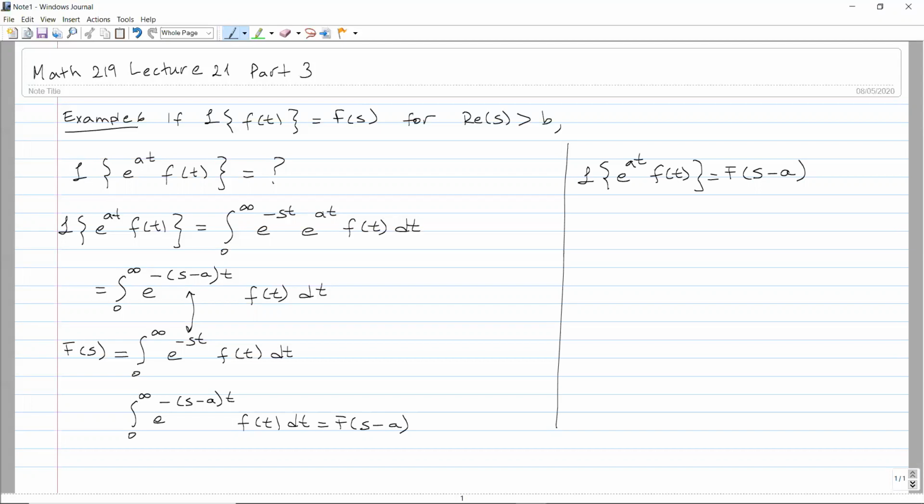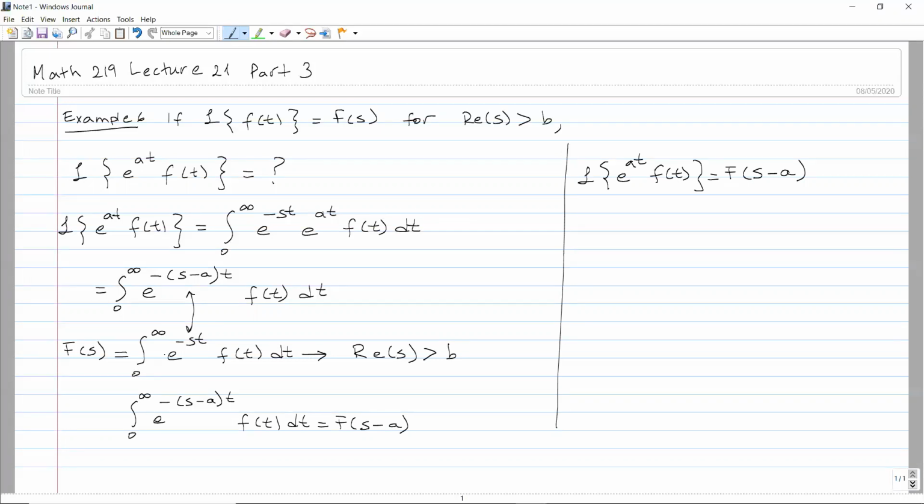Now, the original Laplace transform of the function f is valid when real part of s is greater than b.